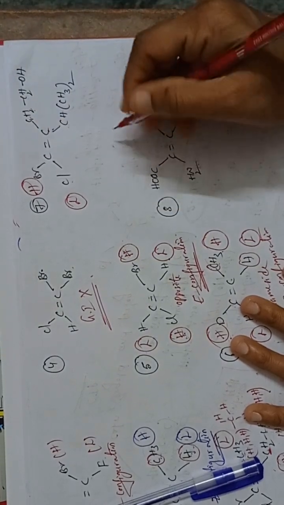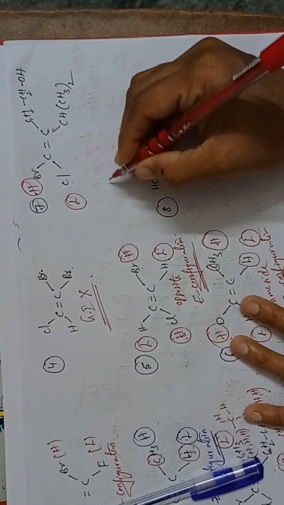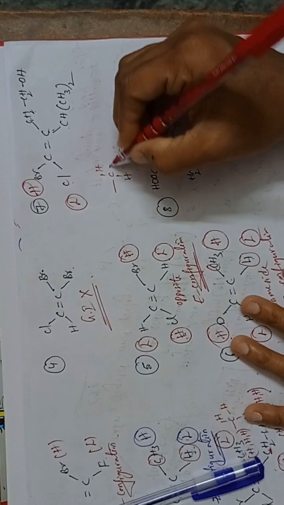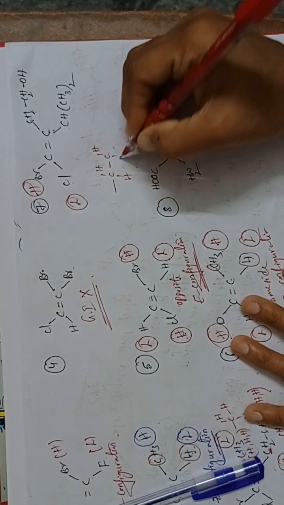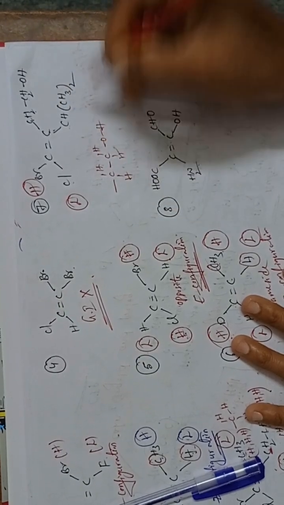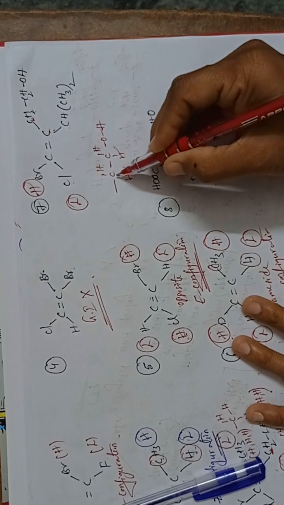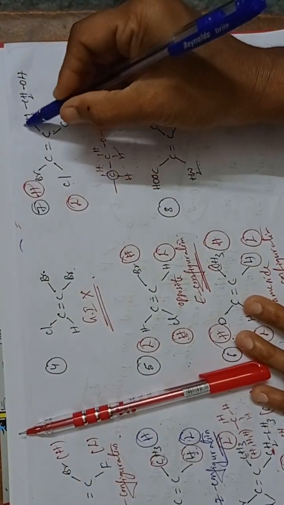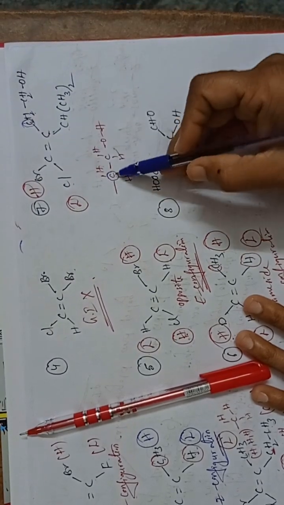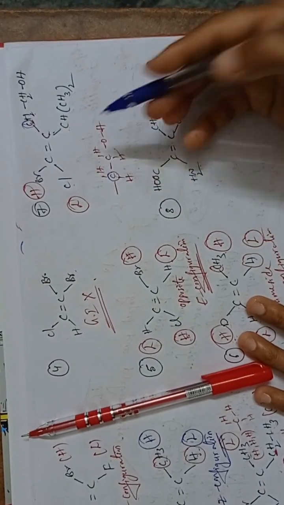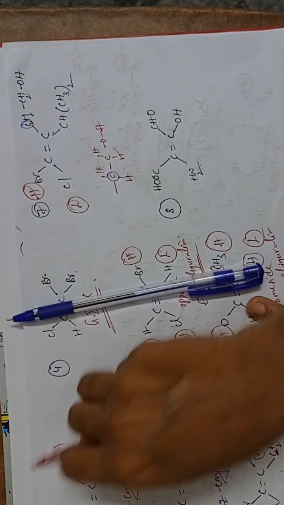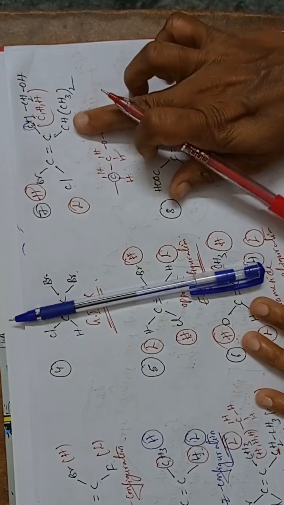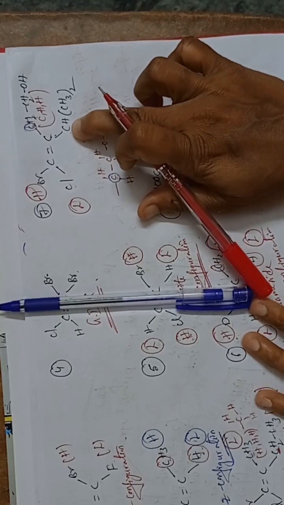This one I am writing separately: CH2, CH2, OH. Now this carbon is attached to which atoms?